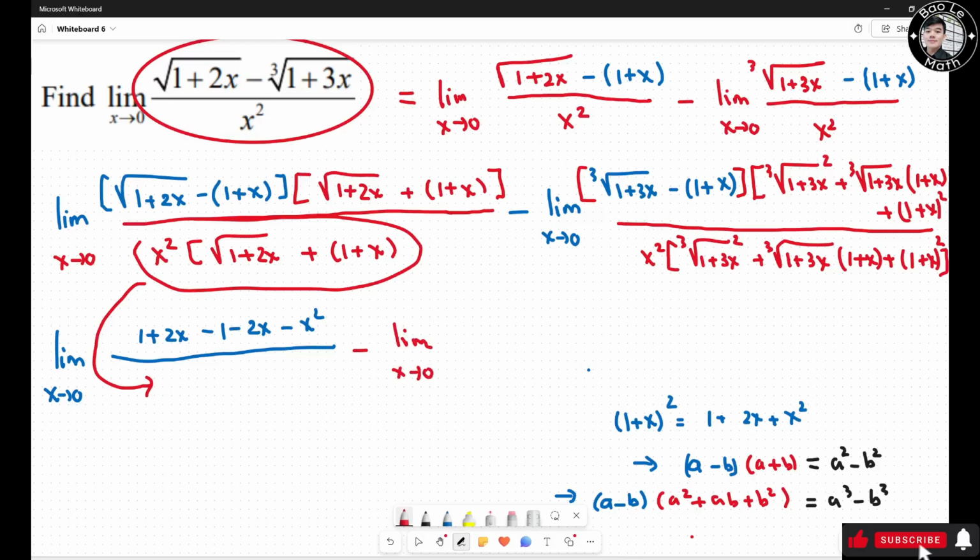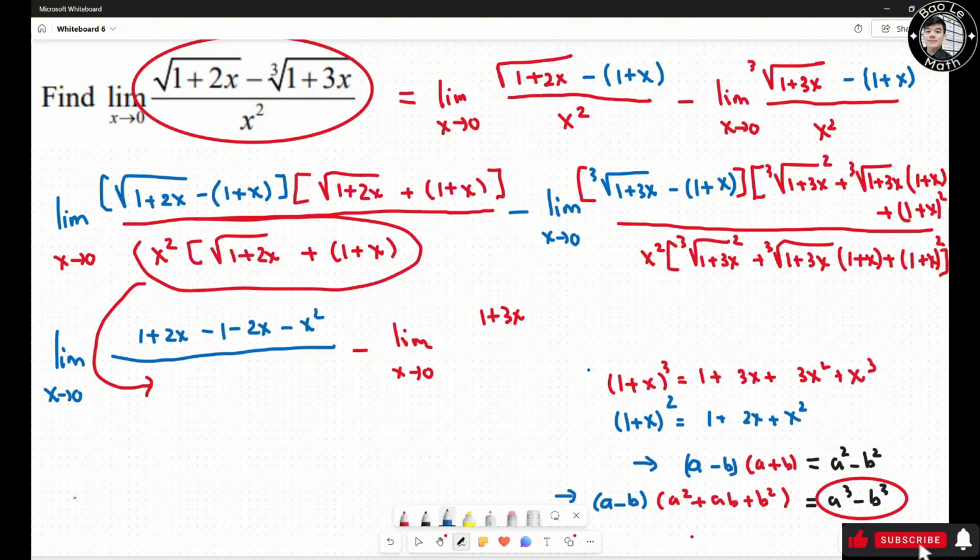The top right here uses the formula a cubed minus b cubed. So a is the cube root of 1 plus 3s, and when you cube it, it's 1 plus 3s. Minus b cubed, which means (1 plus s) all cubed equals 1 plus 3s plus 3s squared plus s cubed.